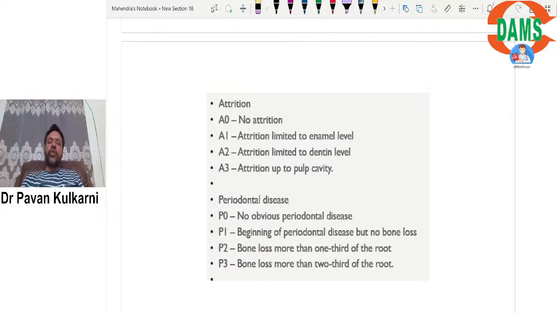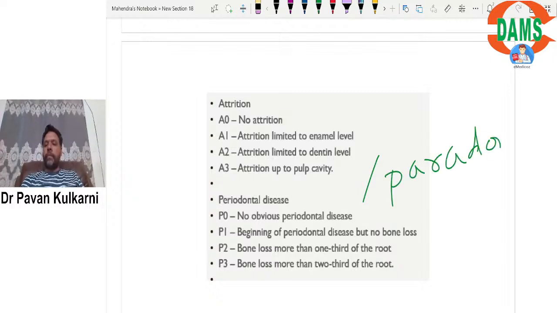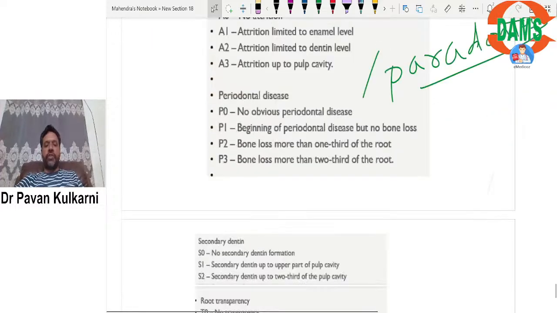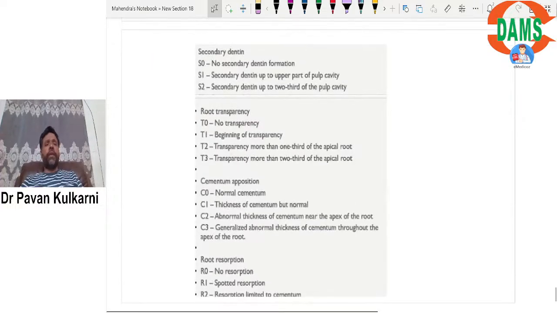Periodontal disease is also known as parodontosis, and it is again a very classical feature of the criteria of Gustafson's age estimation method.